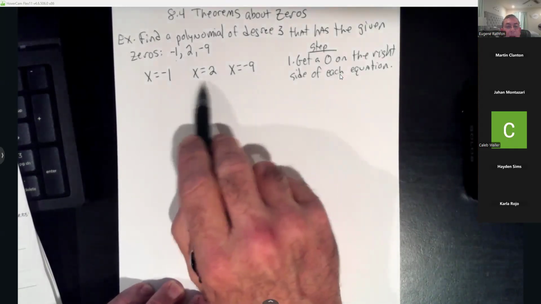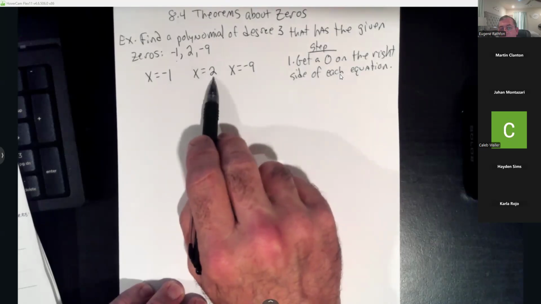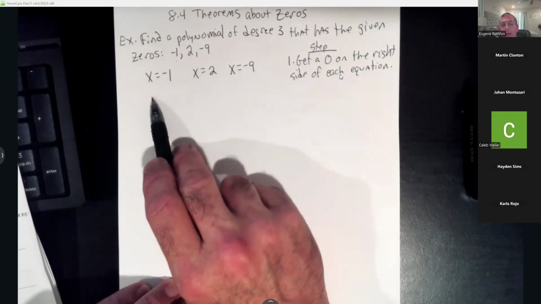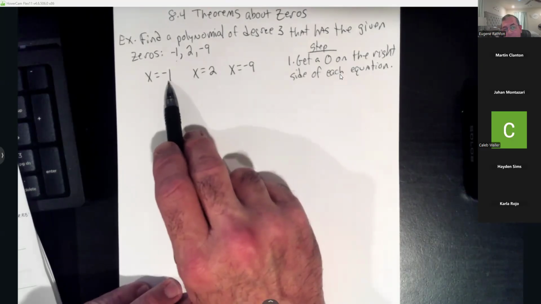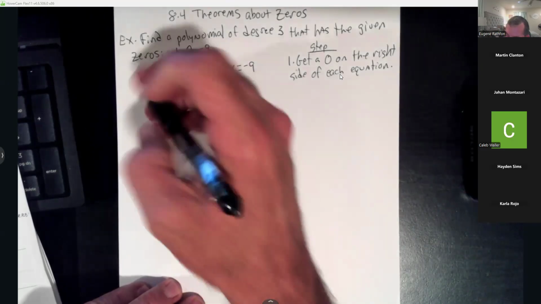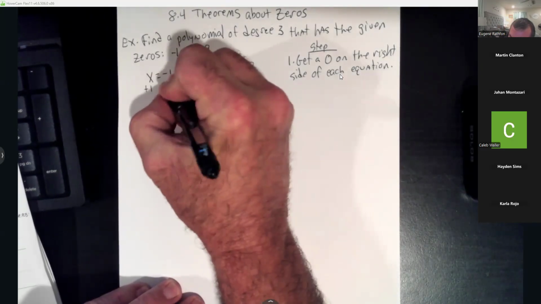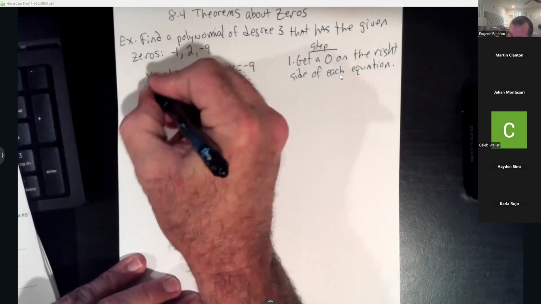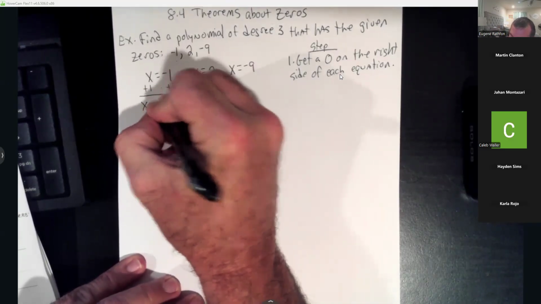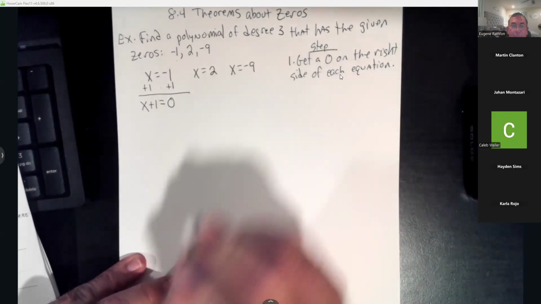So to get a 0 on the right side, I'm going to add or subtract and move those numbers to the other side with the x. So since that's a -1, to make that a 0, I'm going to add 1 to both sides. And that'll give me x plus 1 on the left side equal to 0.